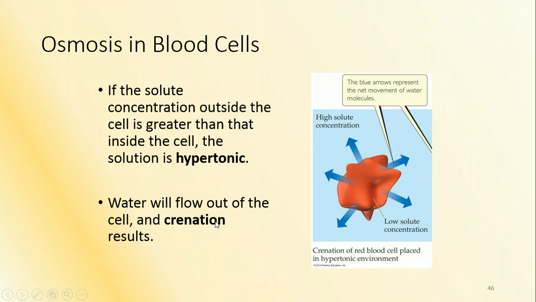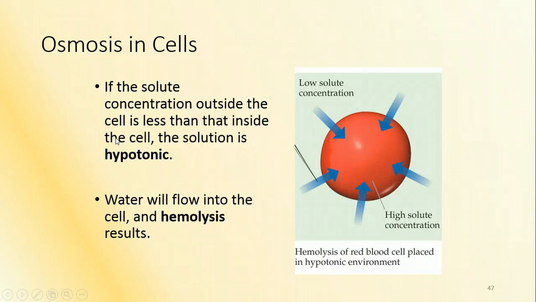And you can learn more about this in bio, just mentioning how this relates to what we're talking about here. And if the inside has a high solute concentration and the outside a lower solute concentration, then the solvent is going to travel inside, and the cell is going to blow up, and we call that hypotonic. And that would be hemolysis of the cell. Hopefully I'm pronouncing that correctly because I'm not a bio person.